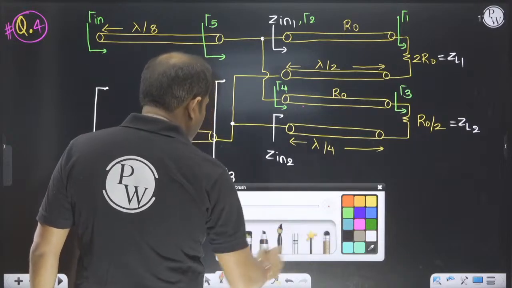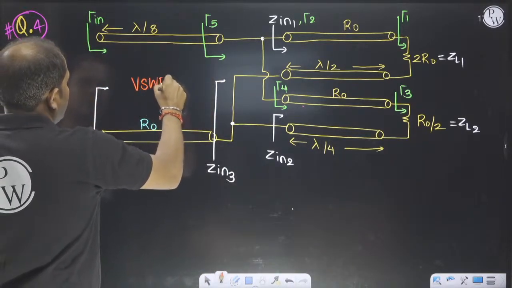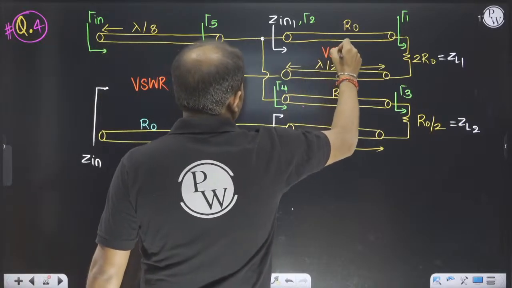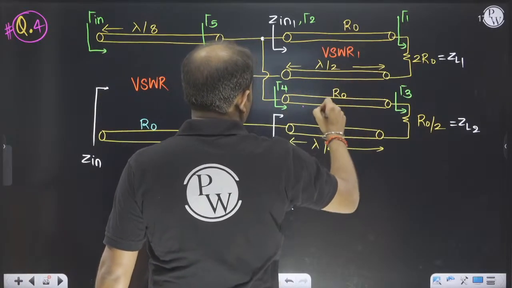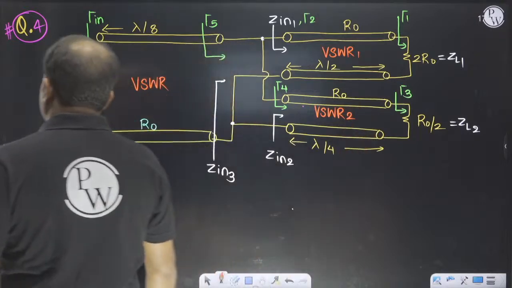And the formula is important here. So here VSWR1, here VSWR2. What is VSWR1?